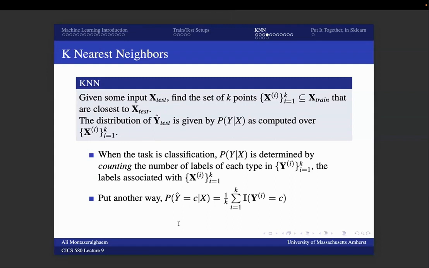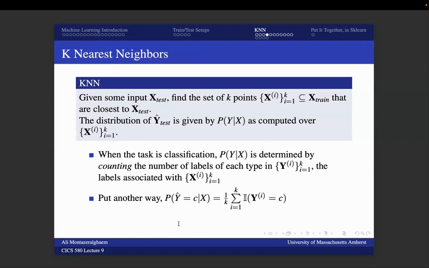As I mentioned, k-nearest neighbors can be applied for classification and regression, right? So for classification, how can we predict the labels for the new data point? We can do that by counting the number of labels of each type that are in the k data points that are closest to x test.